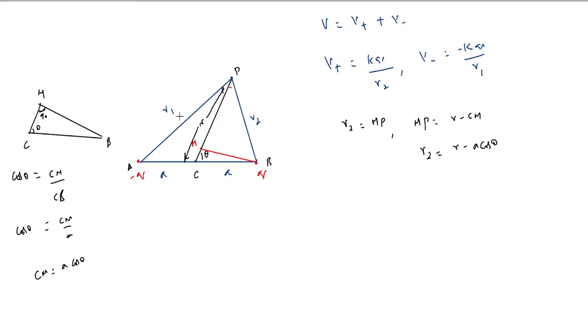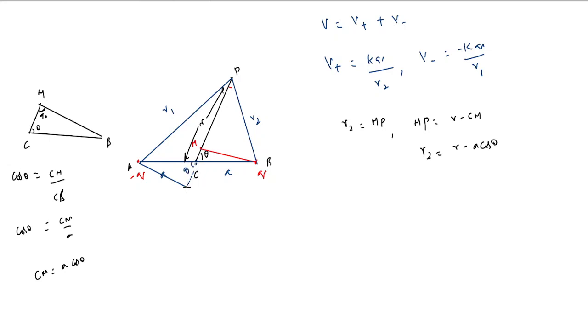Similarly, R1 is more than R. So we extend backward like this, and draw a normal from here to here, such that this angle and this angle are the same as theta.